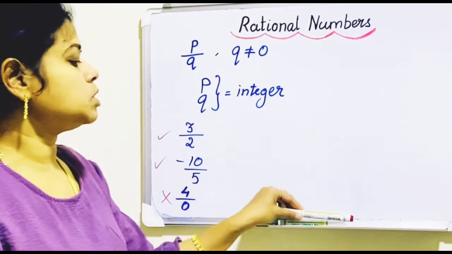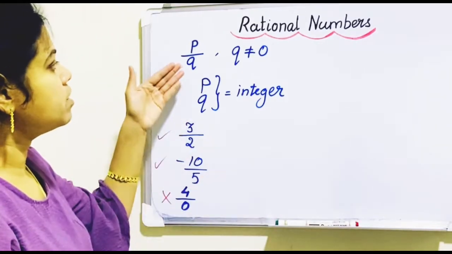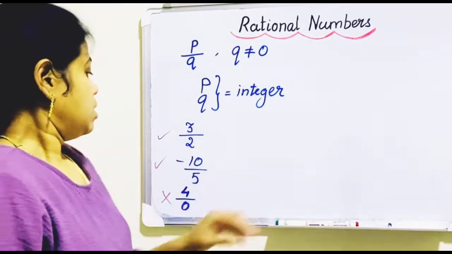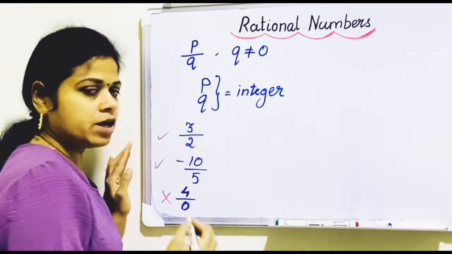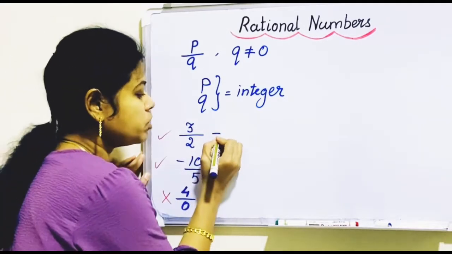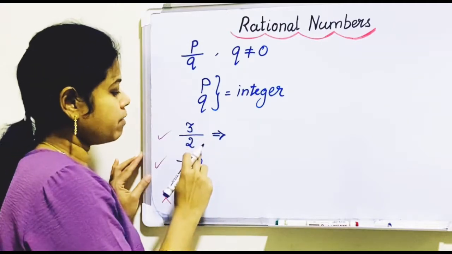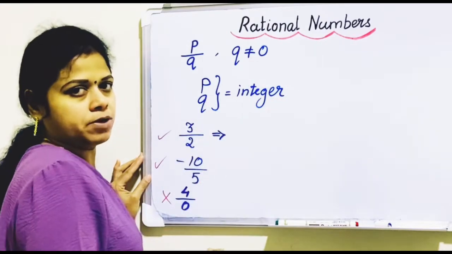And why does the definition go like that, that the denominator should not be 0? See, normally if you take a number and divide it, you will get a quotient, right? So 3 divided by 2, some quotient will come.